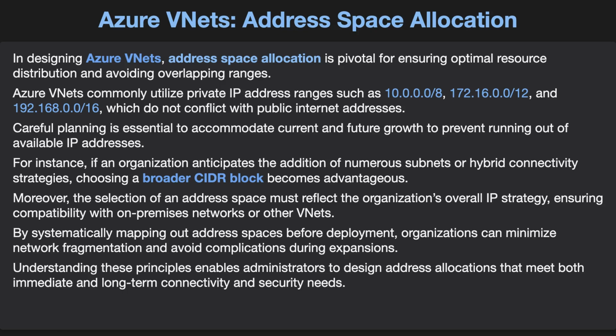Careful planning is essential to accommodate current and future growth to prevent running out of available IP addresses. For instance, if an organization anticipates the addition of numerous subnets or hybrid connectivity strategies, choosing a broader CIDR block becomes advantageous. Moreover, the selection of an address space must reflect the organization's overall IP strategy, ensuring compatibility with on-premises networks or other VNets.